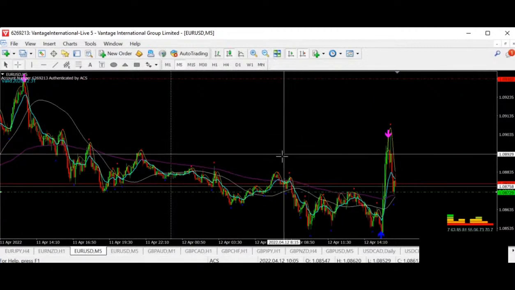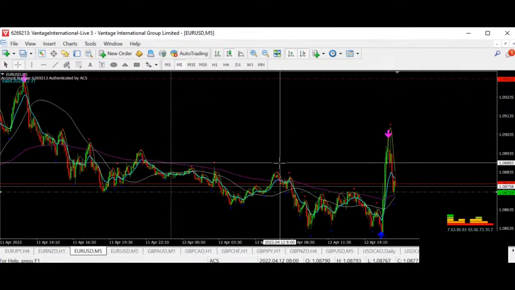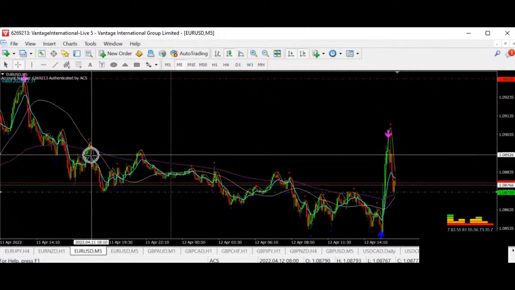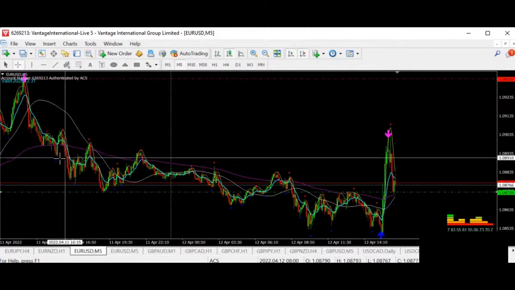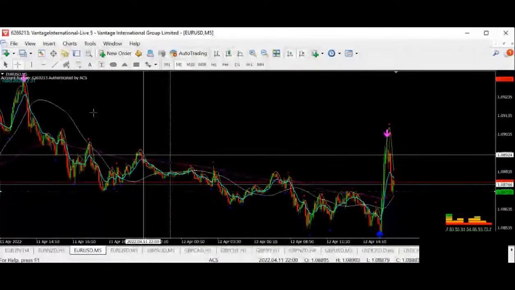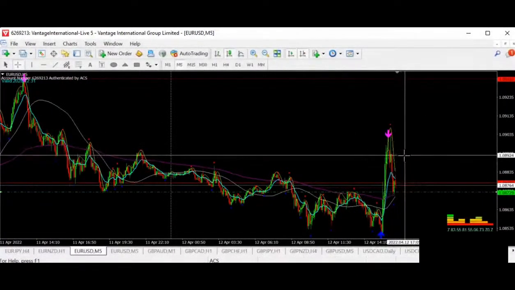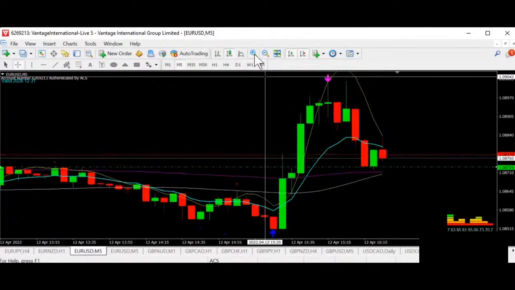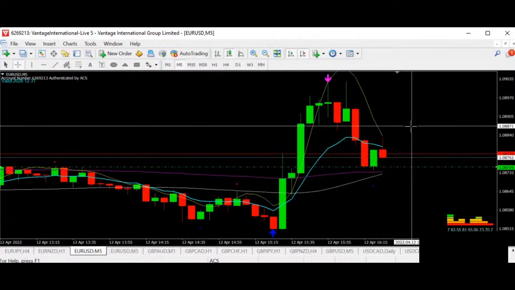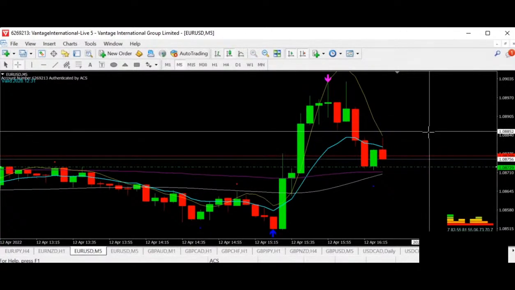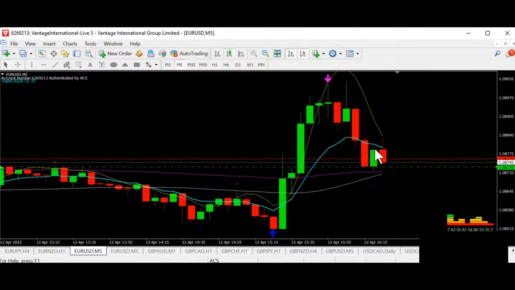Fair enough, because the previous support area becomes a resistance, and when it comes back here, it's still a resistance. This support that became a resistance over here, and the lowest price here, and now the same thing happens here.